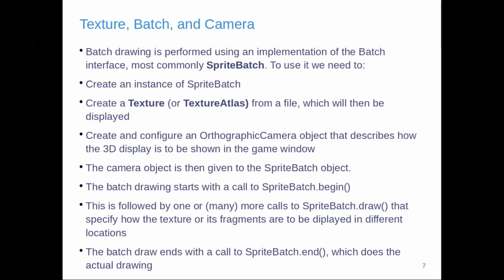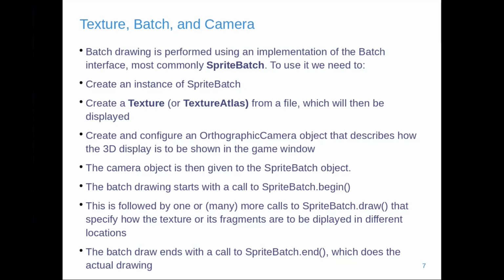And when we say end, the texture and all of the drawing operations are communicated by the CPU to the graphics card, and the actual drawing is performed. So when we perform a single batch draw, it takes quite a bit of resources to communicate everything from CPU to the graphics card.